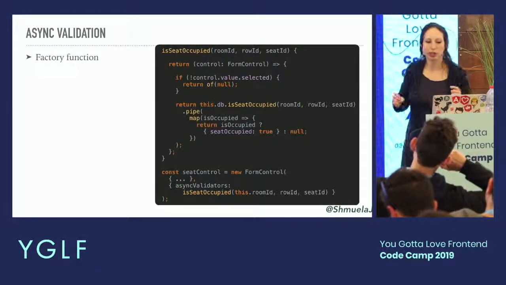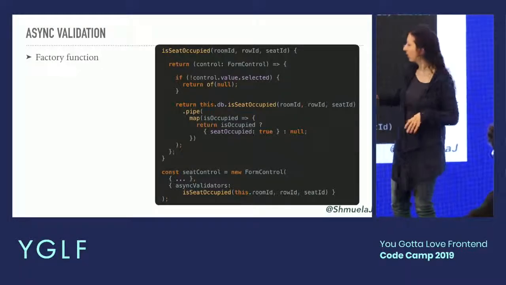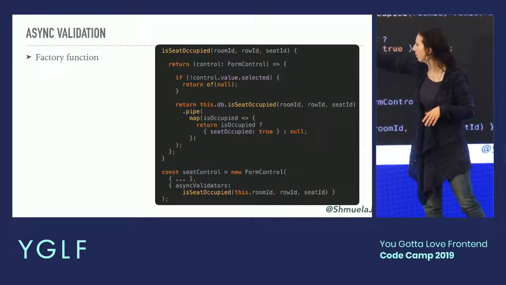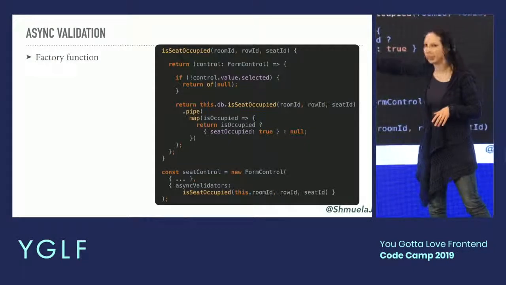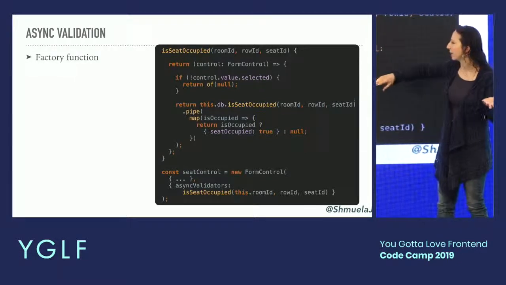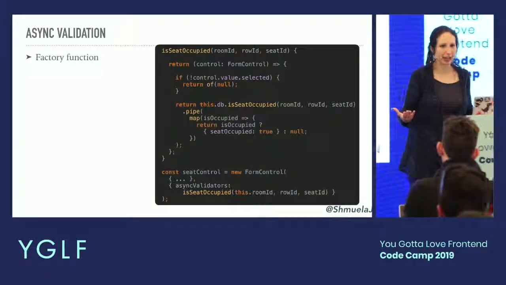Okay? So if you're getting true or false from the server for this method, you need to map it. If it's occupied, then send this error object. And if it's not occupied, then just null and everything is okay.